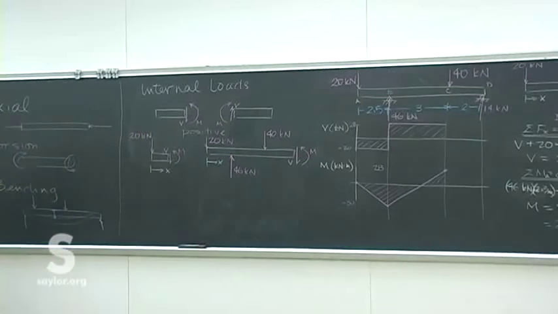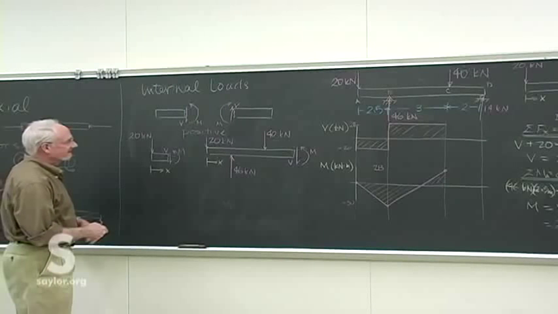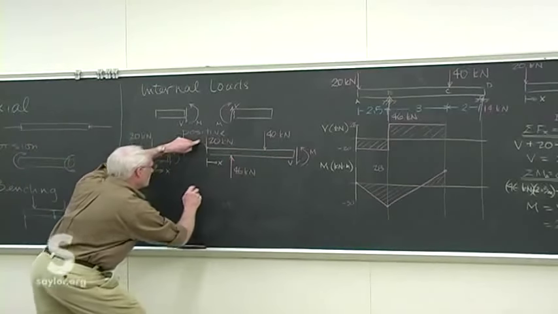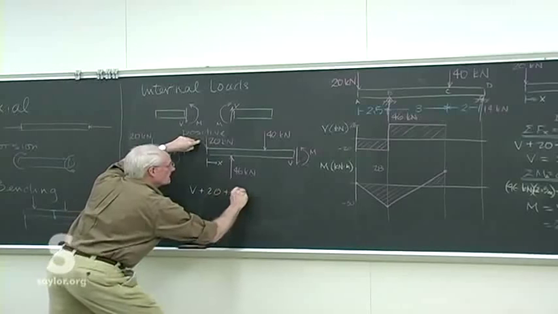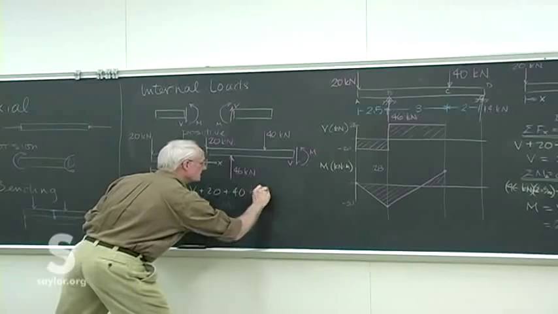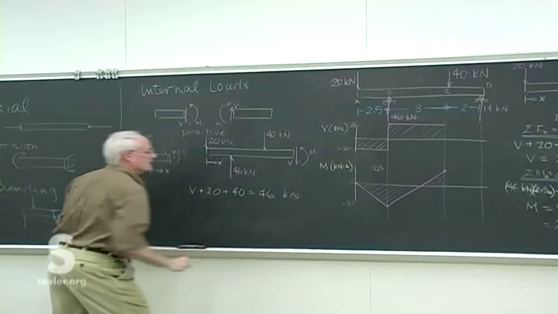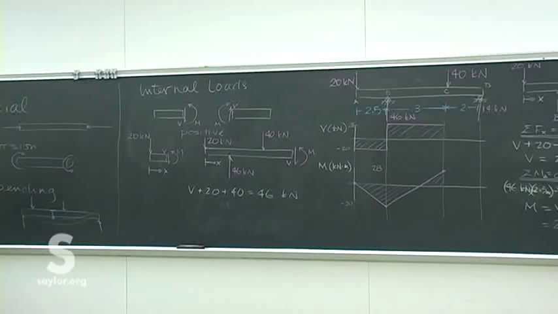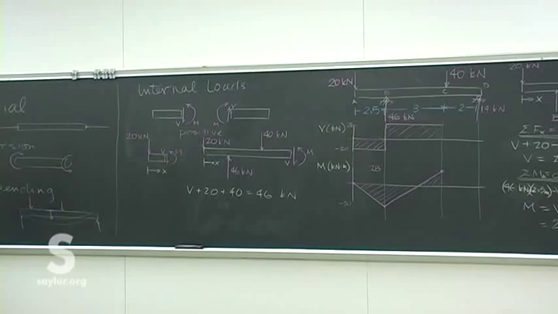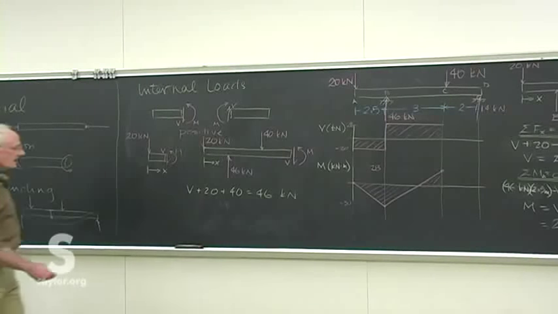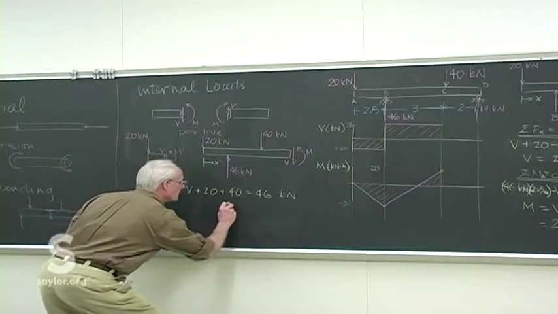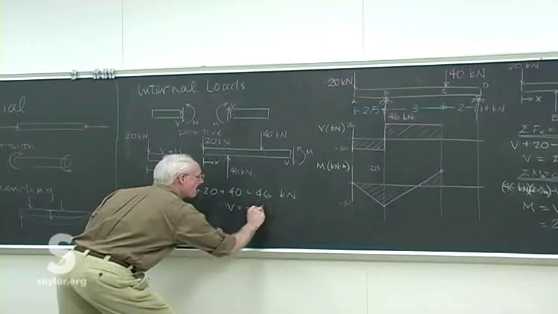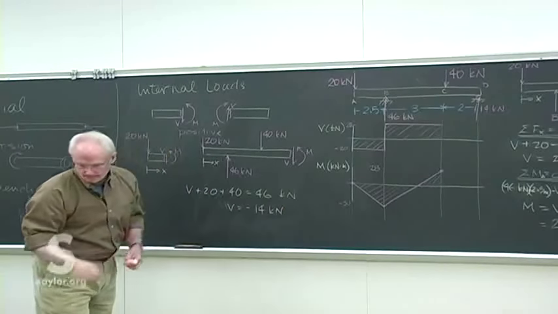Draw on the shear and the moment and just solve for them. All the down forces, V plus 20 plus 40, equal all the up forces, 46 kilonewtons. And so we solve for V there. Let's see, that's 60, goes over, becomes minus, what, minus 14? I think, yep.